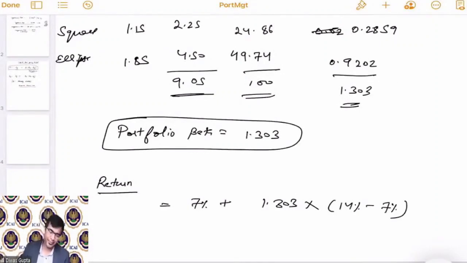As per the CAPM. So hence the portfolio return is equal to 16.121 percent.